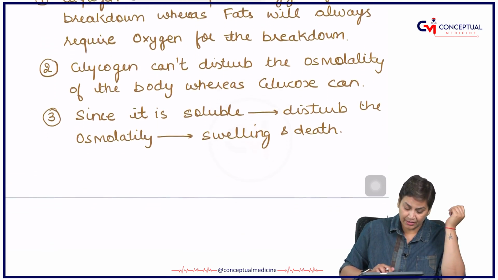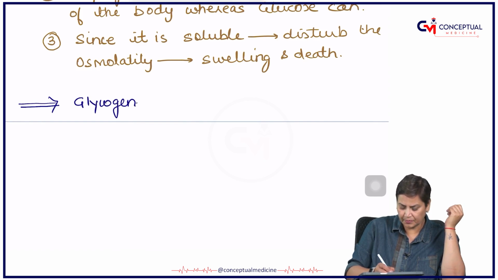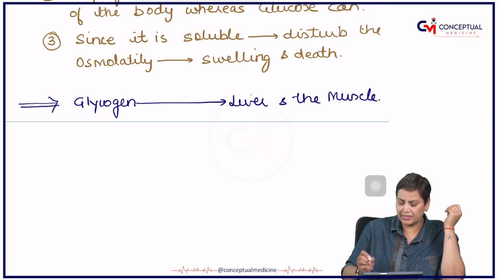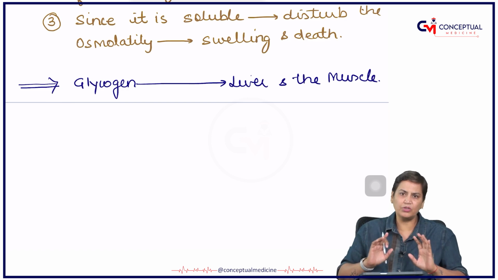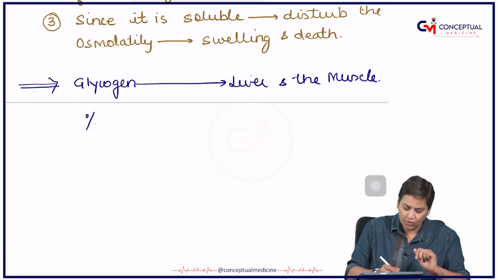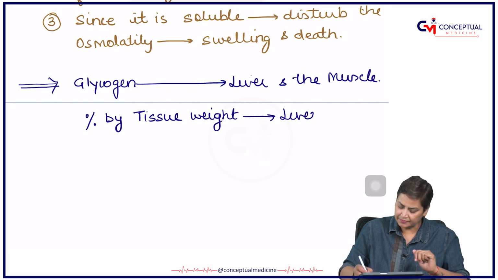So always remember the storage of glycogen: it is stored in the liver and the muscle. So there are two organs for the storage of glycogen. And if we talk about the total composition, how much is stored in the liver, how much is stored in the muscle, always remember, if we talk about percentage by tissue weight, it is more in the liver.